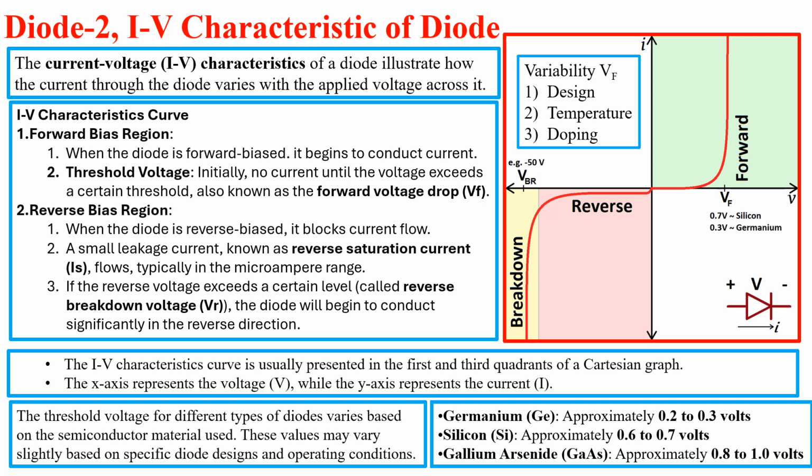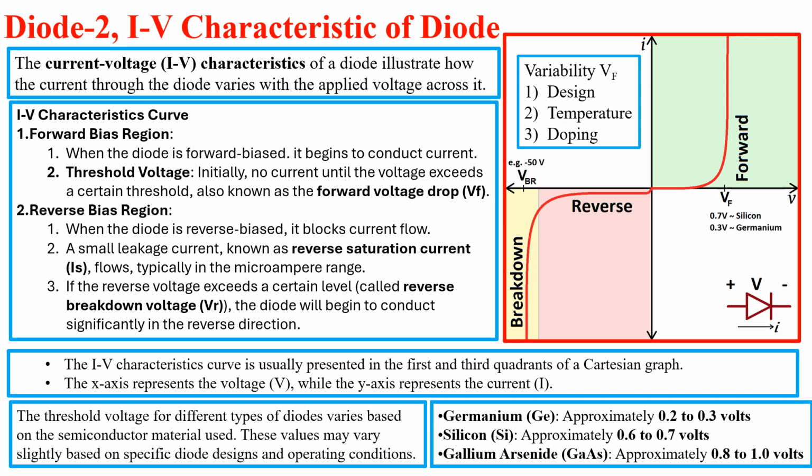The higher threshold voltage also contributes to better thermal stability compared to germanium-based diodes. Silicon diodes exhibit a more pronounced exponential increase in current with voltage once the threshold is surpassed.